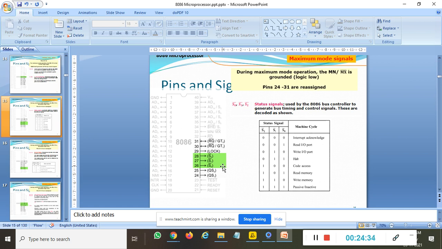These are the status signals of the 8086, used by the 8086 bus controller to generate the bus timing control signals, and these are decoded as shown.